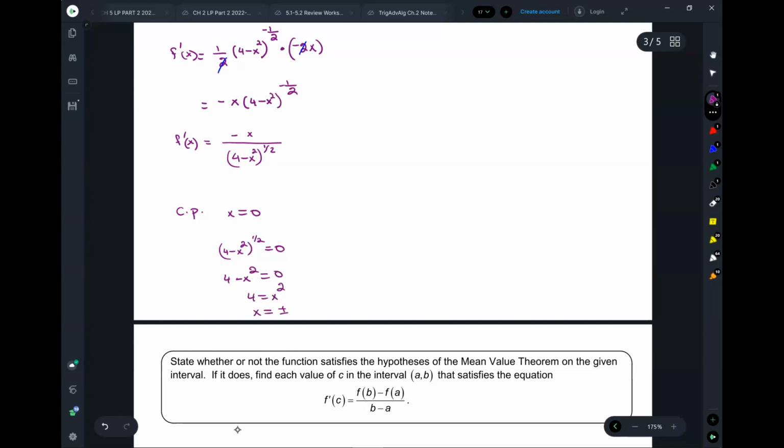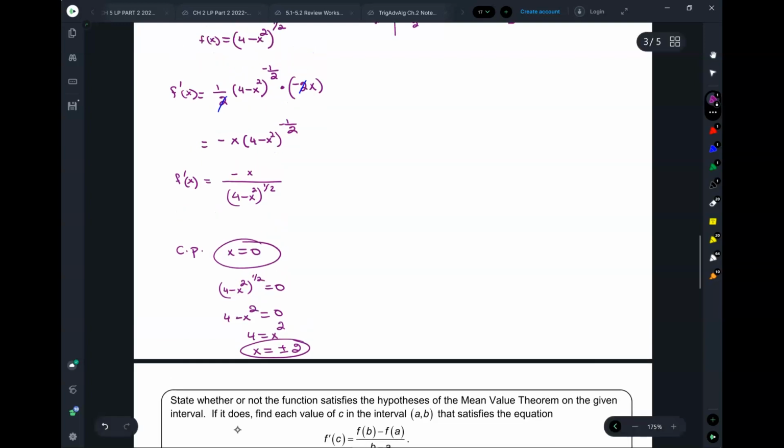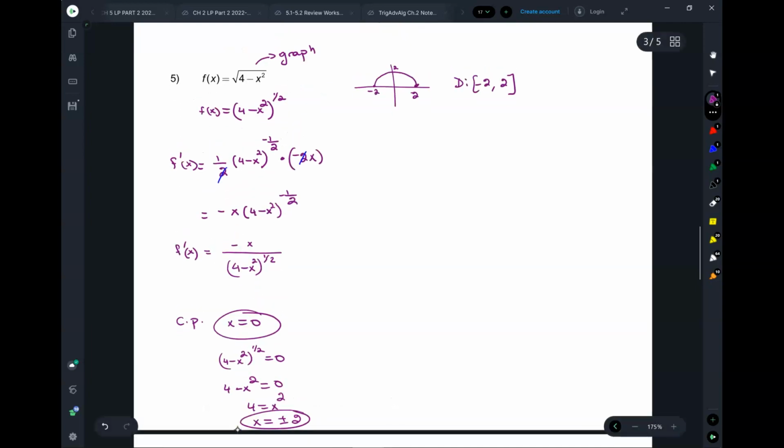X is plus or minus 2. So those 3 are critical points: plus 2, minus 2, and 0. Okay, this is the domain, right? It starts at -2, it ends at 2, and then you've got the 0 here.